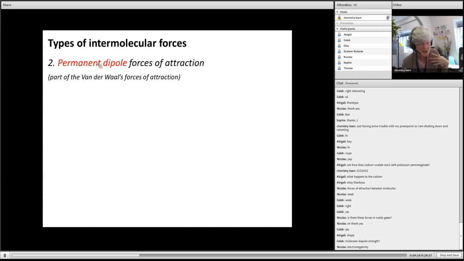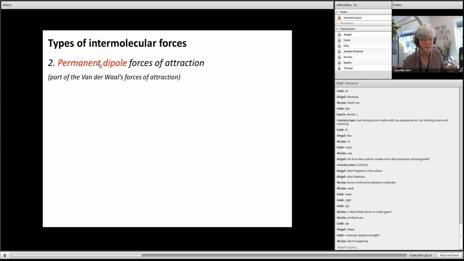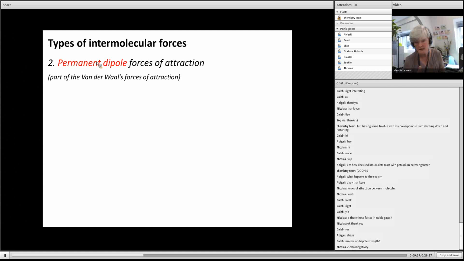So Abigail, in a way you're correct, but it's not shape as in the temporary dipole, where a linear molecule has stronger temporary dipole forces of attraction, because you can form more of them compared to, say, a round shape. But yep, Caleb, yes, the molecular dipole strength.